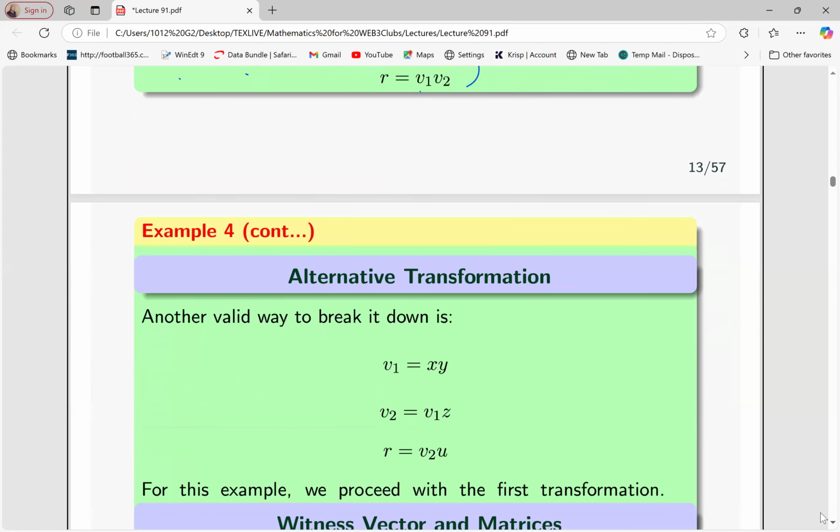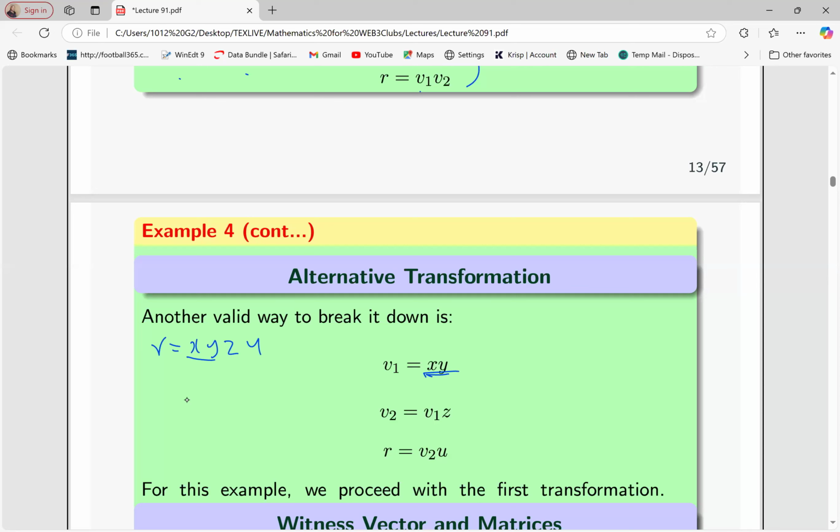The other way is this. I would combine, let me just again write it here. R was X, Y, Z, U. So I would decide to combine X and Y and call it V1.